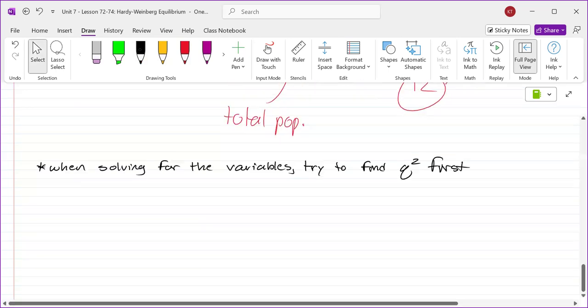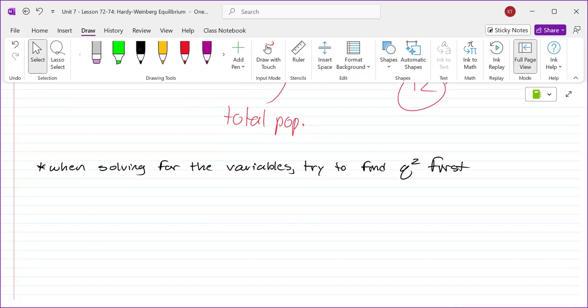When solving for the variables, try to find q squared first. If you can find q squared first, everything else falls into place. And once you all start to get more comfortable doing this and get pretty good at it, you'll be able to find the other 4 variables in probably less than 60 seconds. So here's the order that we found things. First, you identify q squared. Next, you found q.